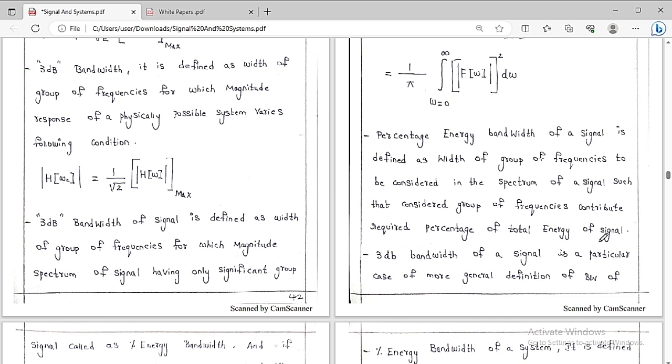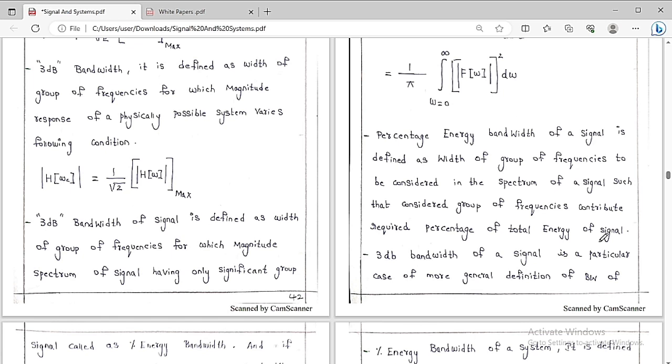If you want only the percentage energy bandwidth of a signal, you have to consider only those frequencies which are going to give the energy required out of the total energy. Suppose you take some signal, it will have a lot of frequencies.